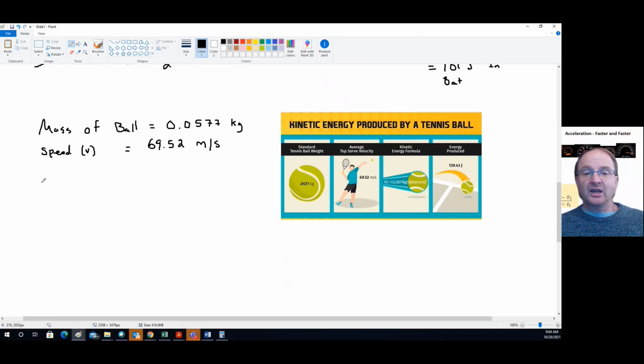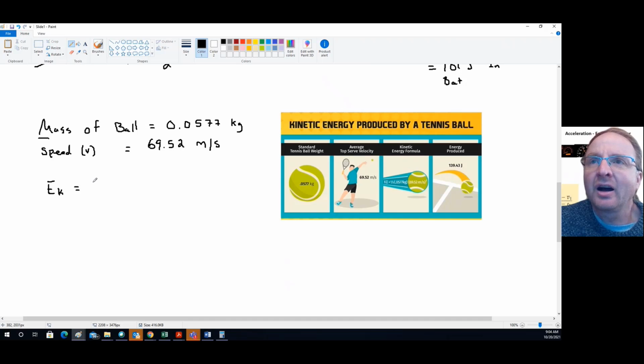Your formula for kinetic energy: it's good practice to write these out a few times, and to think about those two key factors, mass and velocity. Energy of kinetic, EK, is 1/2 times mass, times velocity squared, so 69.52 times 69.52.